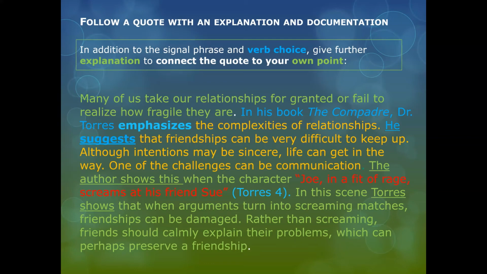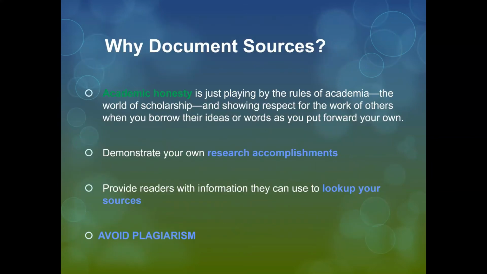In this scene, Torres shows, and I'm explaining in this last piece, this is the bottom piece of the bread, how these ideas that I borrowed from Torres and summarized and then quoted directly relate to the main point of this paragraph. All right? Arguments turn into screaming matches, friendships can be damaged. So rather than screaming, friends should calmly explain their problems, which can perhaps preserve a friendship. All righty? So that's the sandwich model right there.